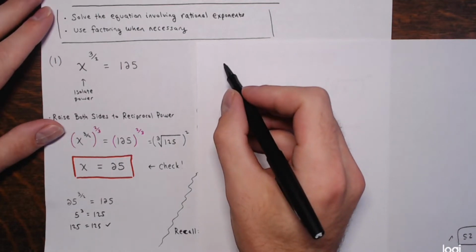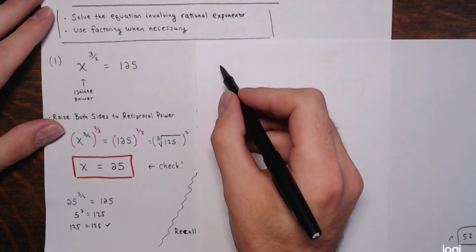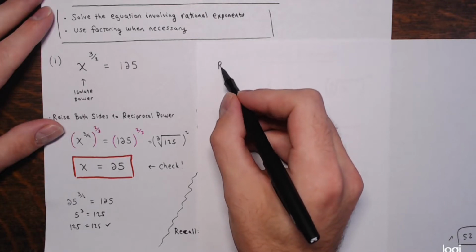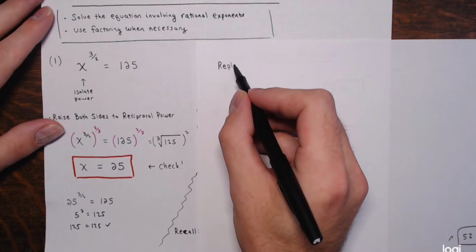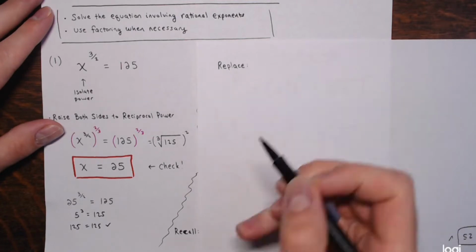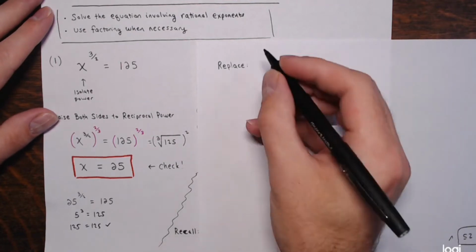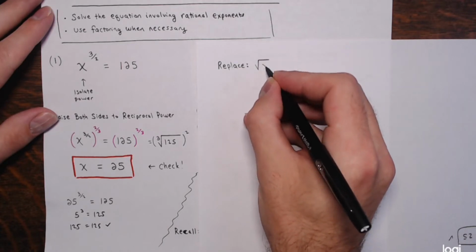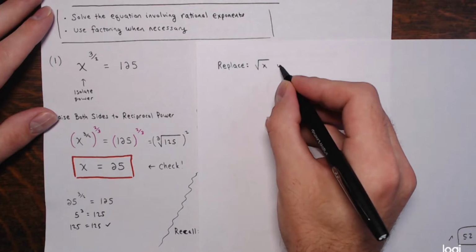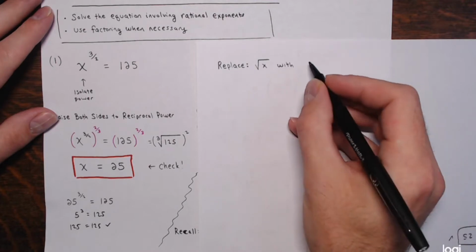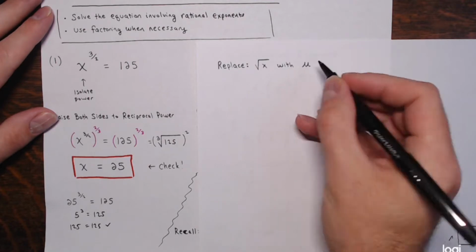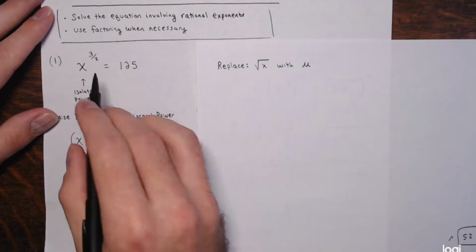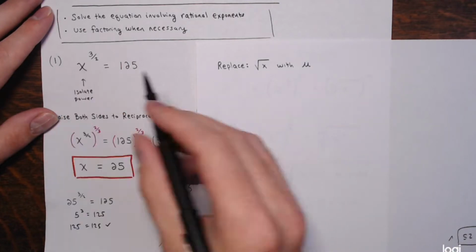Alright, so as I was saying, now this is something people very often do in equation solving, make substitutions. If I replace the square root of x, or x to the 1/2, with, I don't know, some other letter, say u, then this equation becomes u to the 3rd power, right?